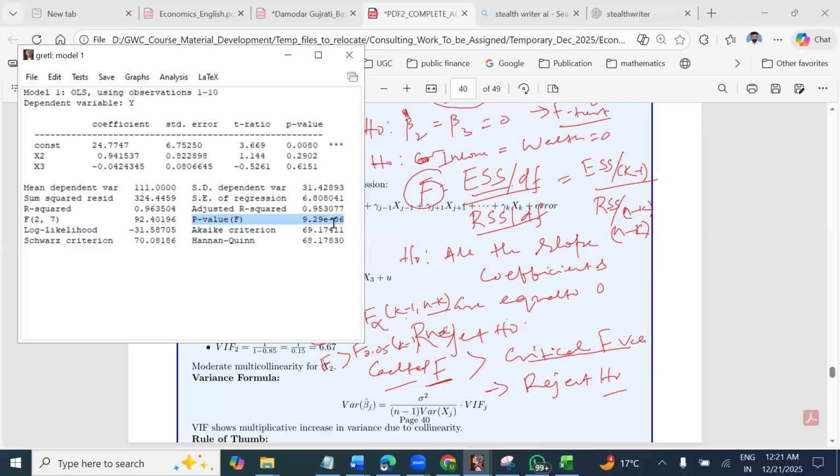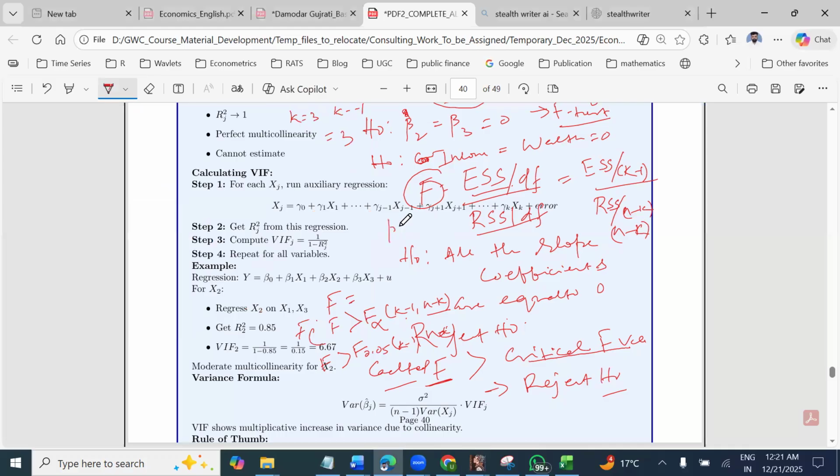How will you read this number? If I ask you, is the p value less than 0.05? Look at the regression result.